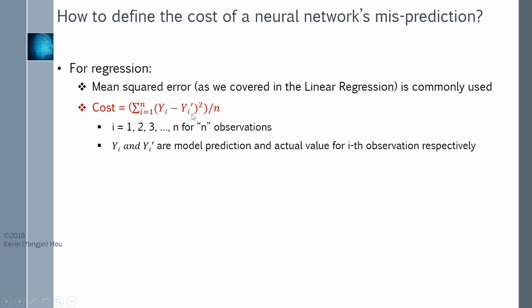We have n observations in the training data sample, and for each we know the actual value y_i and the model's predicted value. We take the difference of those two and square it, sum up all the residuals, all the errors across all n examples in the training data, then divide by n so that the number won't be too big.